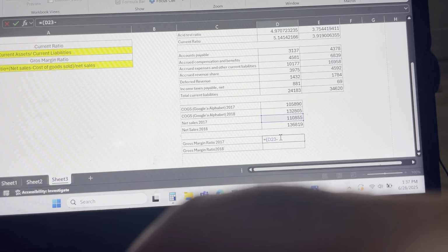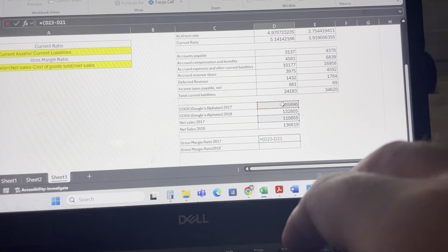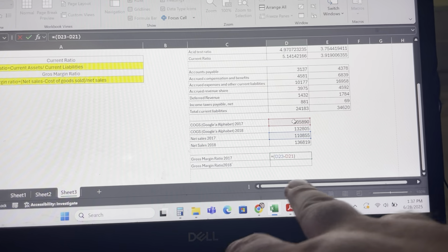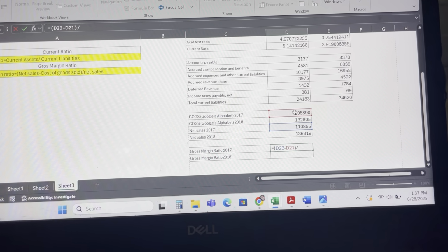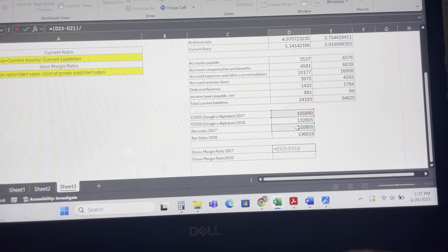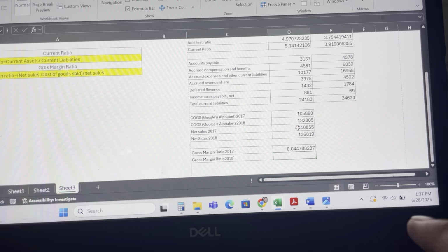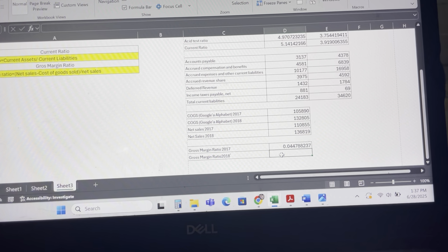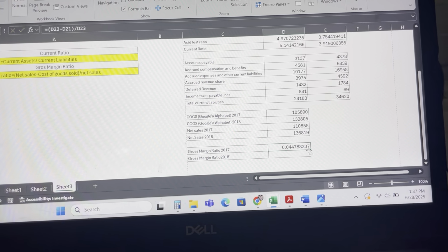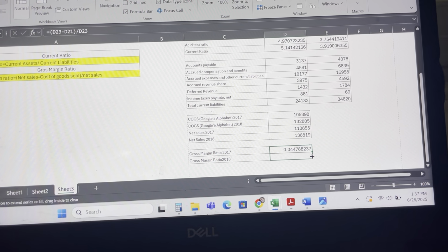Minus cost of goods sold, and then you divide it by net sales again. And then you do the same thing for this data here, and you turn it into percentage.